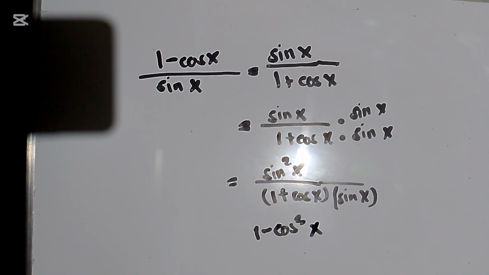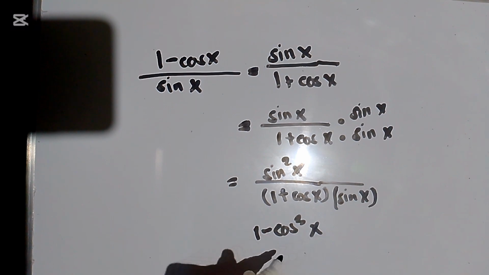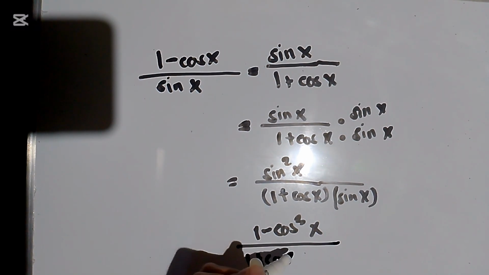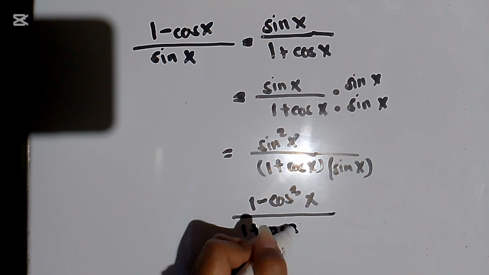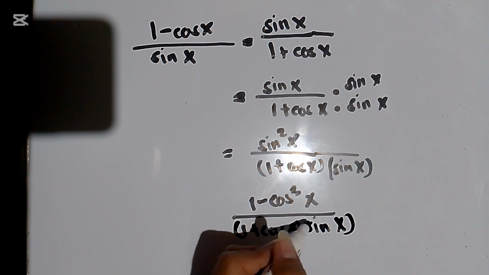Now let's rewrite the fraction. So (1 - cos squared x) over (1 + cos x) and sin x. Now, let's apply the difference of two squares.